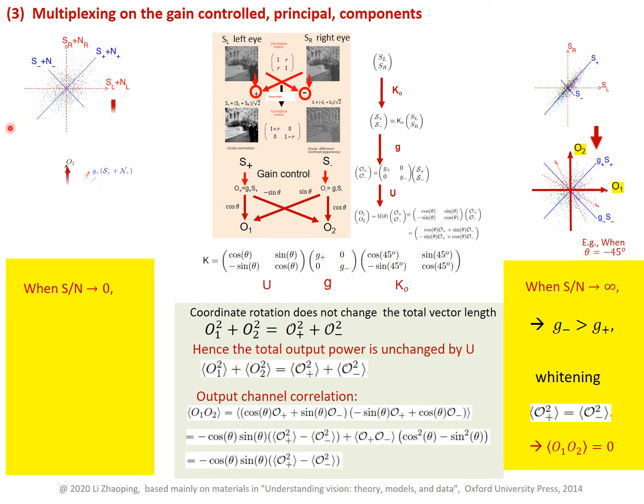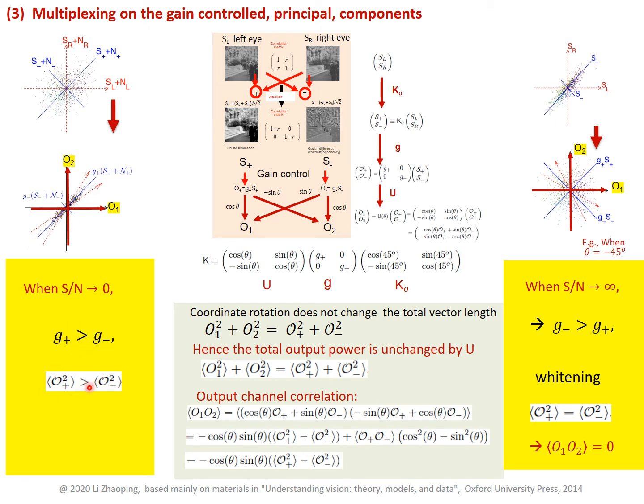And the gain control will downplay or abandon the binocular difference channel signal so that the final distribution is much more ellipsoidal, emphasizing signal along this direction by a gain bigger in that summation direction. And so the variance is obviously going to be much larger in the summation channel than the difference channel.